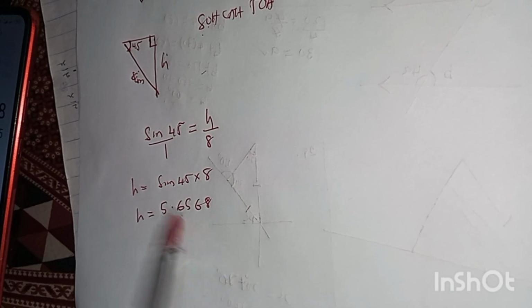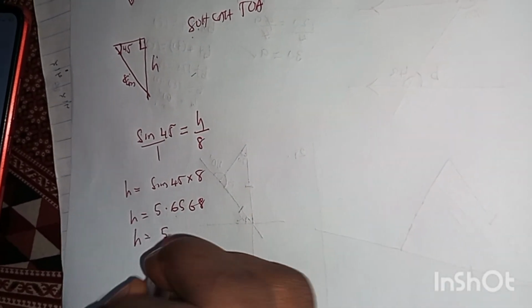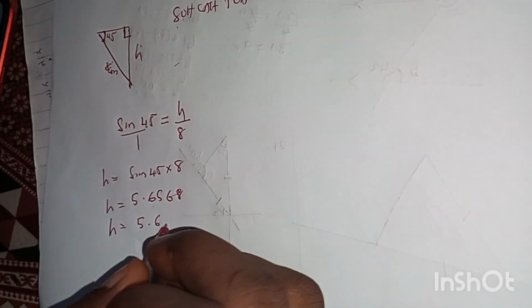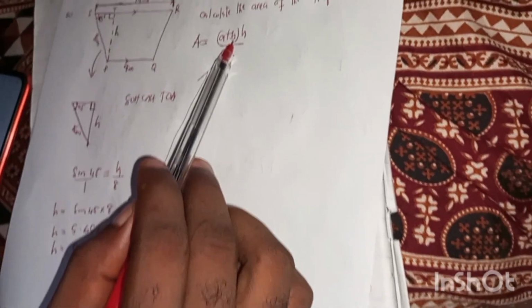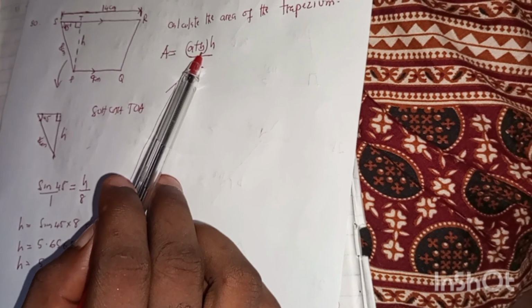I told you that I must be in 4 decimal places. Of course, I want to turn it to 2 decimal places. h is going to be equal to 5.66. All right, that's my height, and that's the last piece missing in the original formula for the area of a trapezium.